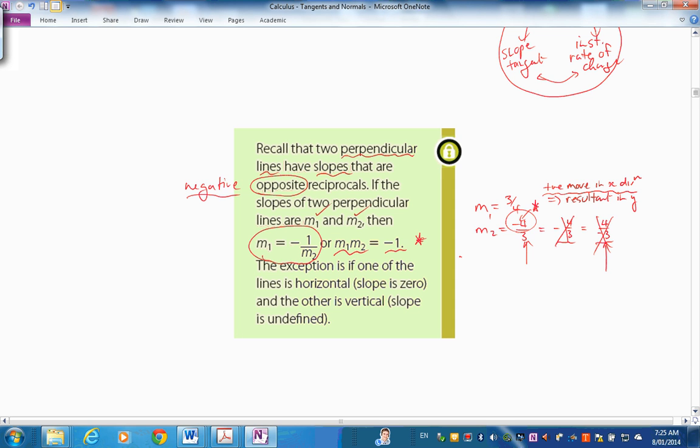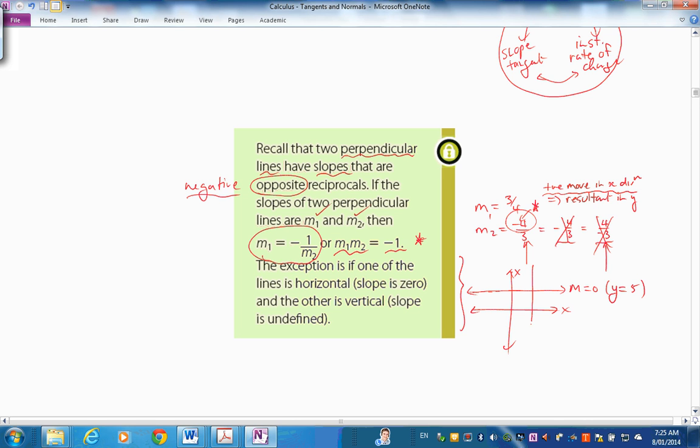Just keep an idea down here. The exception is when one of the lines is horizontal, the other is vertical. So a horizontal line, let's just quickly whip one in here. Horizontal line, here we go, through here. Let's make this our line. So m is 0, and the equation would be something like y equals a constant, y equals 5 or something.